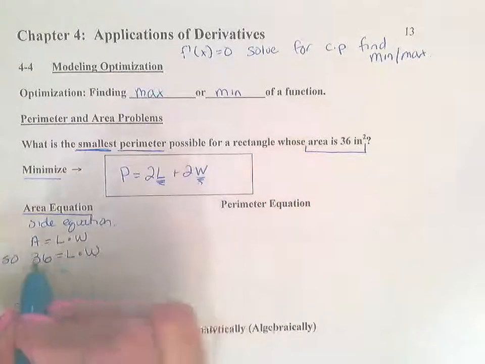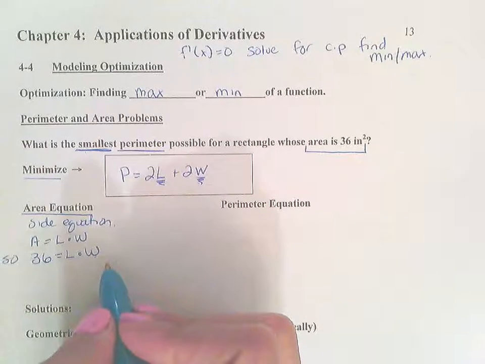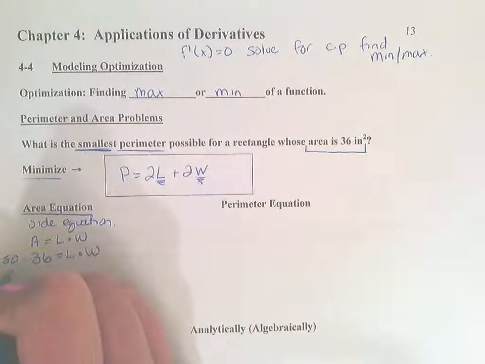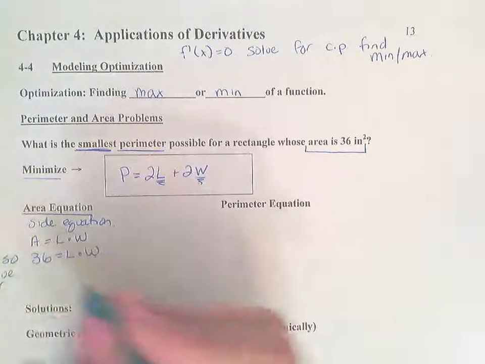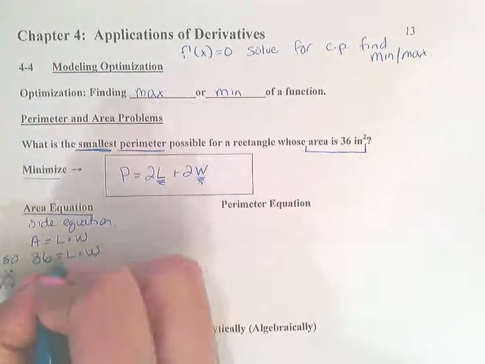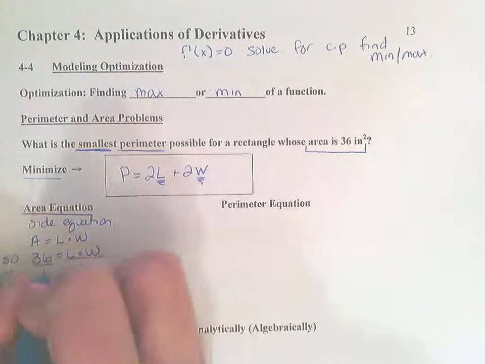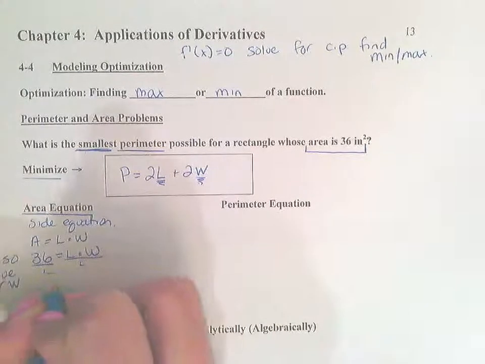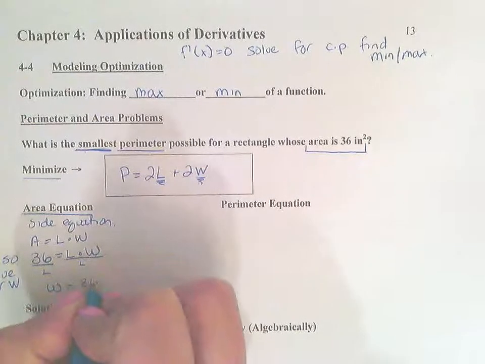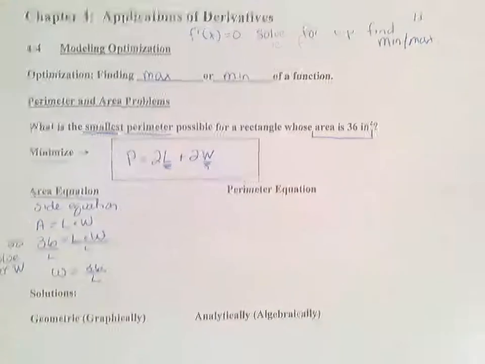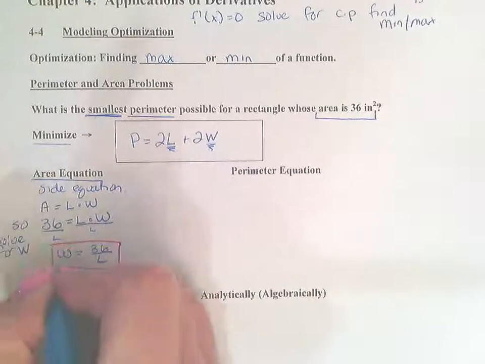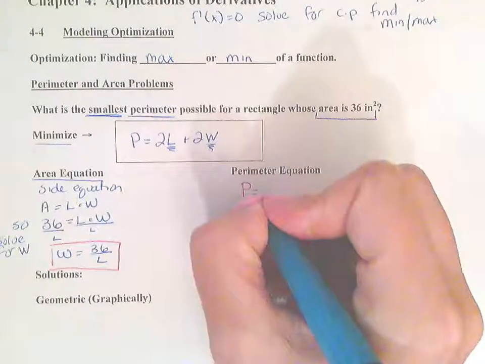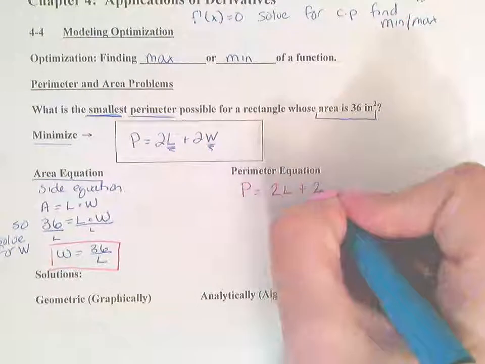So here it doesn't really matter which one you pick. I'm going to solve for W. Let's just say W. Alright, so I'm going to divide both sides by L. So the equation that I'm going to end up with is W is 36 divided by L. Now the reason why this is important is because I am optimizing the perimeter equation, and we already said that the perimeter is 2L plus 2W.